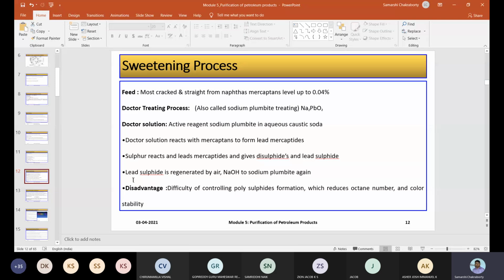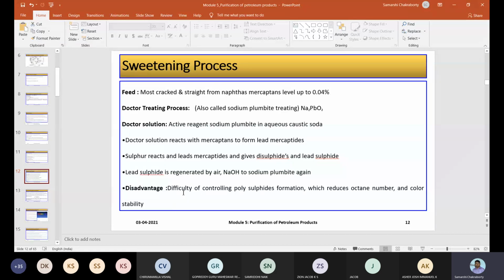Now you need to regenerate your sodium plumbite from this lead sulfide, because until and unless the main reactant is regenerated in the process, the process never becomes very cost effective. So this lead sulfide will be regenerated using air plus your NaOH solution back to sodium plumbite, which consists of sodium, lead and oxygen.